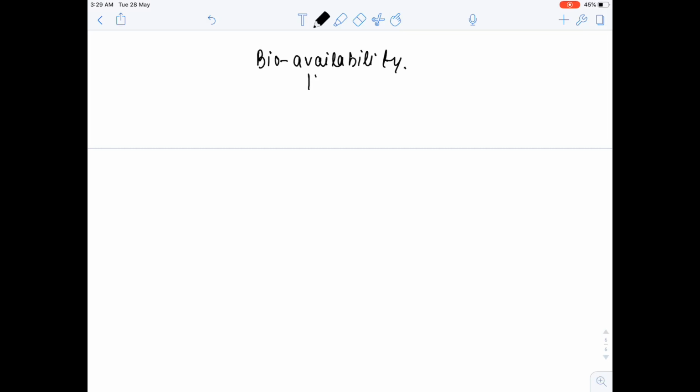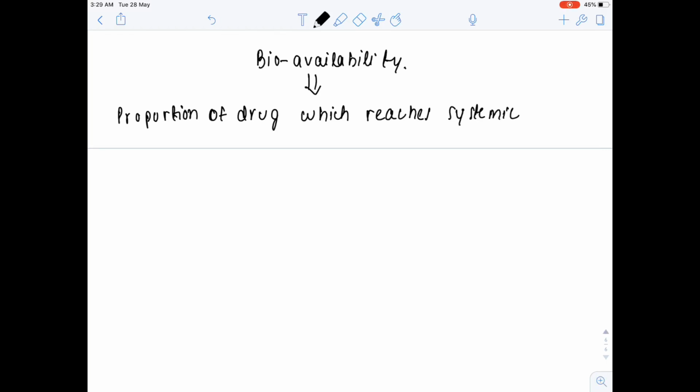So what is bioavailability? It is the proportion of drug which reaches systemic circulation when introduced in the body.